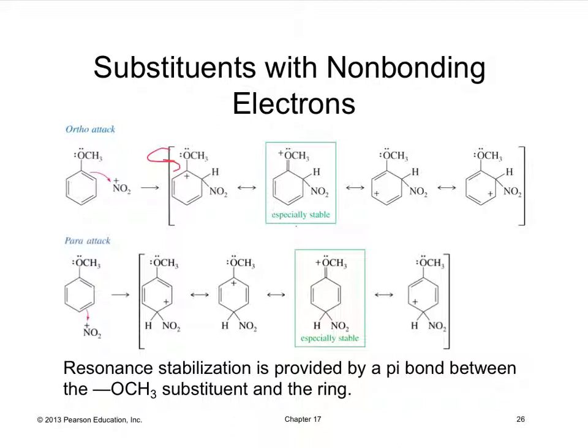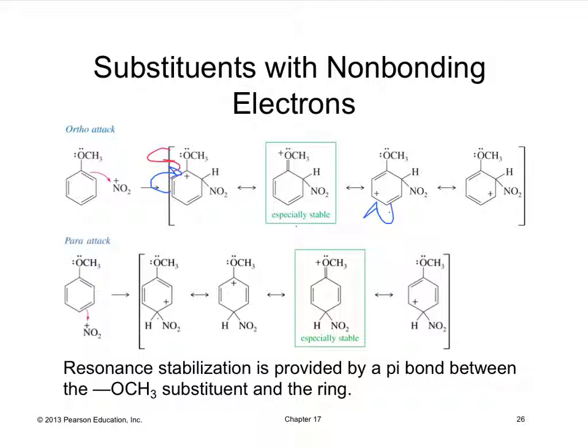over here, or you could have your electrons move in that ring, moving over here to generate this product over here. Again, electrons moving from here to this position to generate this charge, the charge moving around. Again, if you have ortho attack, you form your nitrate.